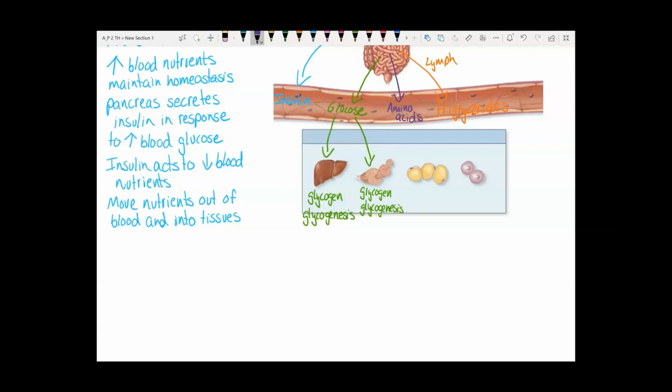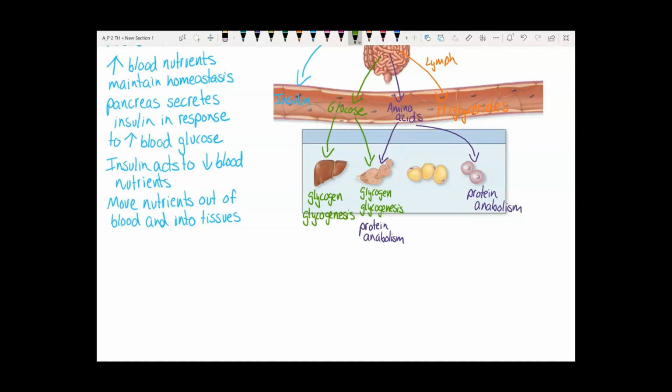The amino acids will go into your muscles where you will do protein anabolism. So you will build the amino acids into protein, and you will also do that in your cells. So this last picture here just represents cells in general in the body.